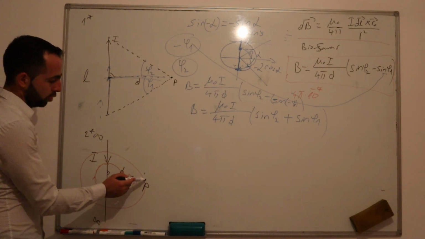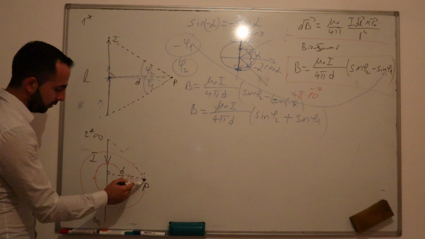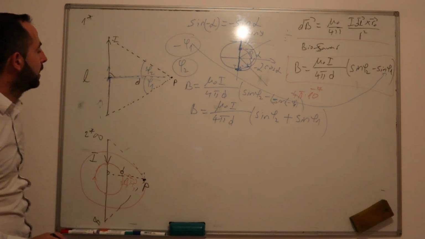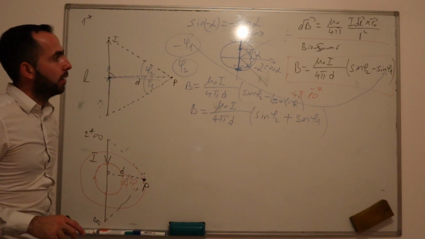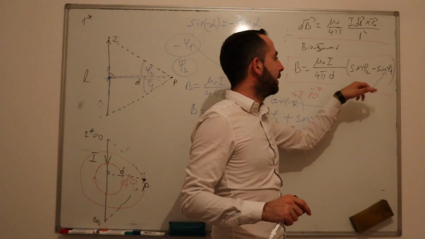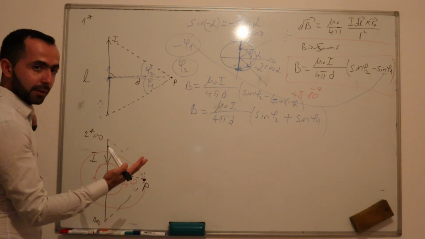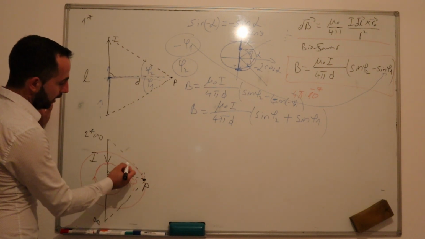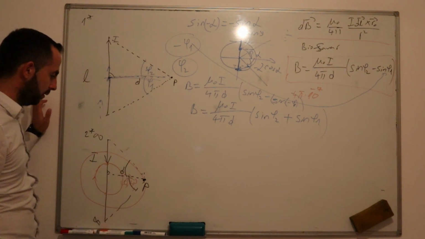We draw from this point to the end of this side of the conductor and to the end of this side of the conductor. We see that we have two angles. We can visually see those two angles here also, so this is one angle, this is the other angle.